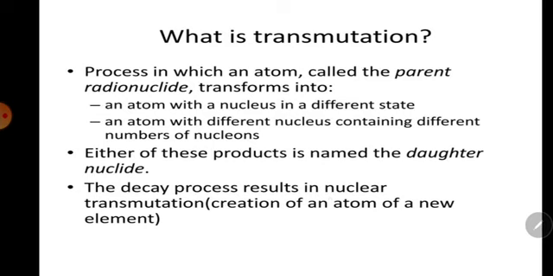The atom originally present is called the parent element. For example, we have an element whose atomic mass number is A and charge number is Z. If radiation is emitted from the nucleus, its atomic mass number and charge number will change.